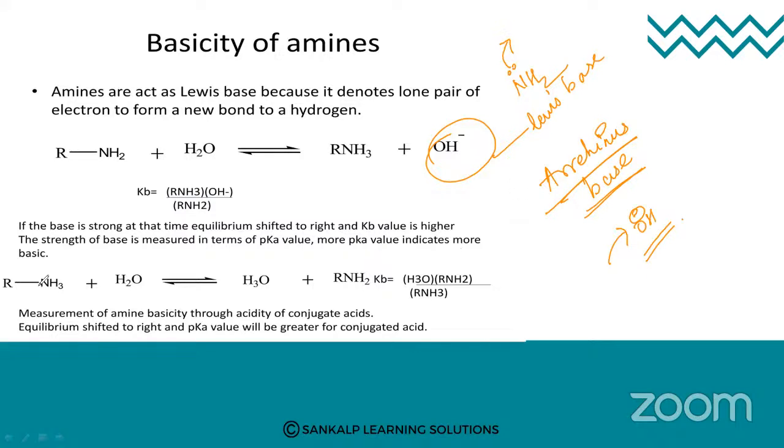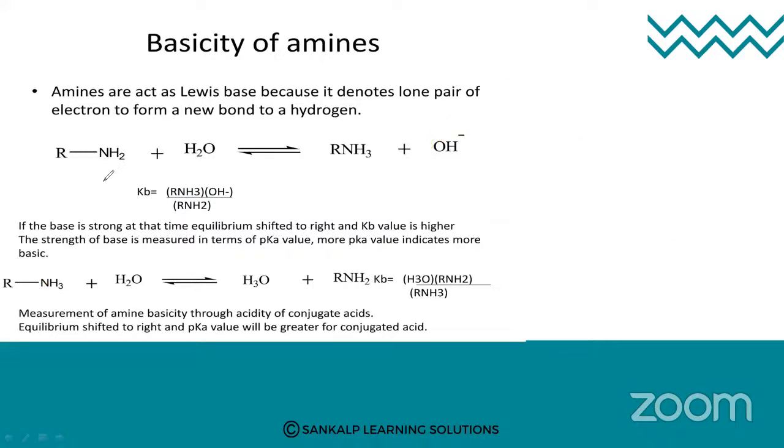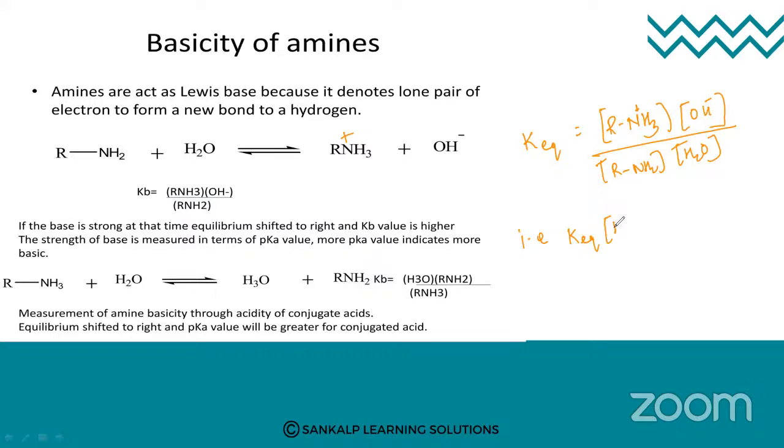Now let us see the reactions. When amines react with water, they form RNH3 plus and OH minus. If we take the equilibrium, the equilibrium constant is written as products upon reactants. The reactants are RNH2 and water.